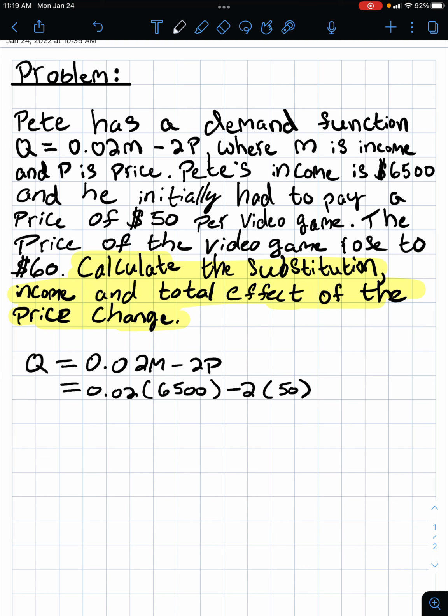Plug this in the calculator, you will get Q equals 30 video games. So this is the original price.